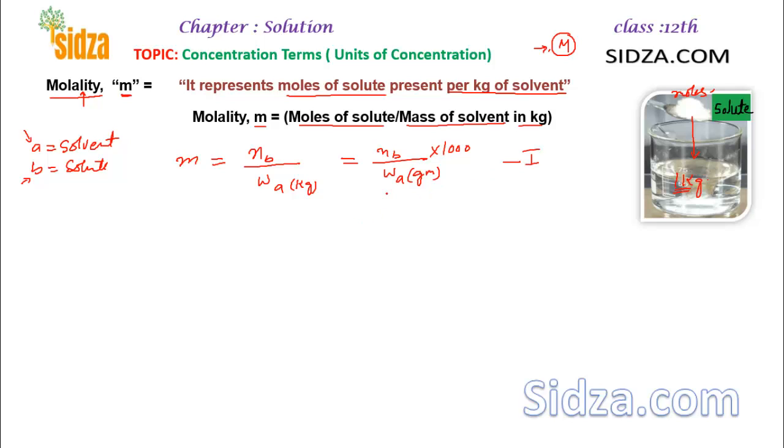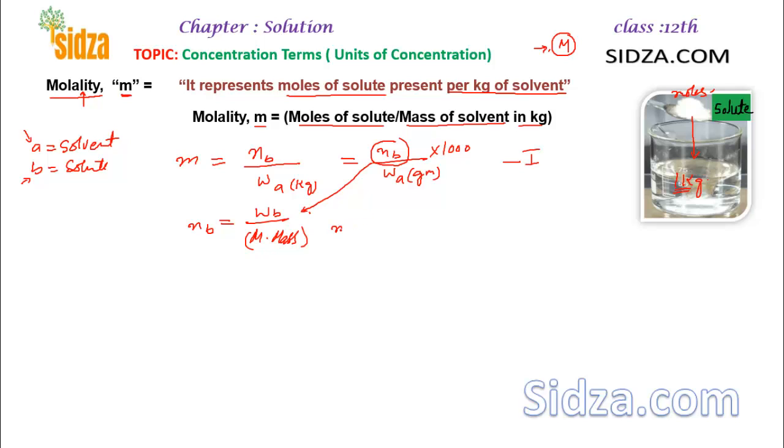We can also modify it further, because we know that the number of moles of any substance is equal to the weight divided by the molar mass of the substance. The number of moles of solute can be expressed as the weight of solute divided by the molar mass of the solute. So I'm going to change this nB to weight by molar mass.